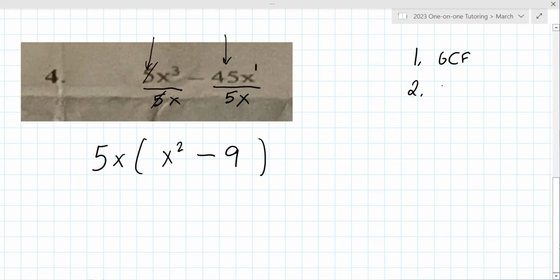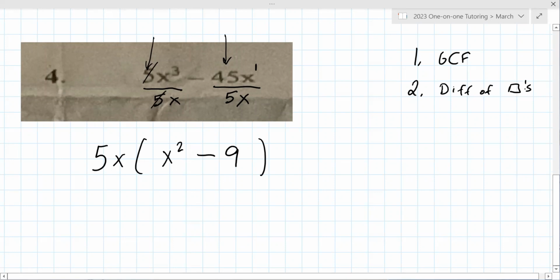So the second type of factoring you're always looking for is difference of squares. Is this a difference of squares inside here? No. So it is, but you have to get it in this form, a squared minus b squared, meaning you have to know what squared gets you back to 9 and what squared gets you back to x squared.